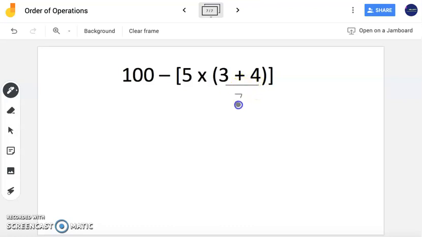4 plus 3 is 7. Now I have 7 times 5. And I'm just going to still leave those brackets here, minus 100. Now, well, 100 minus this expression. Now here, I still have to work on what's inside my brackets, those parentheses here. So 5 times 7 is 35.